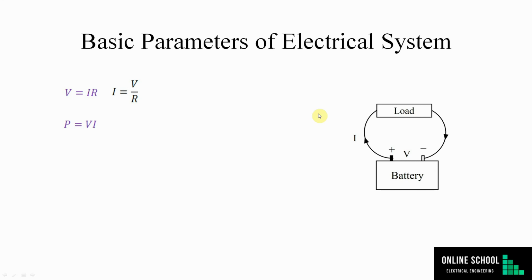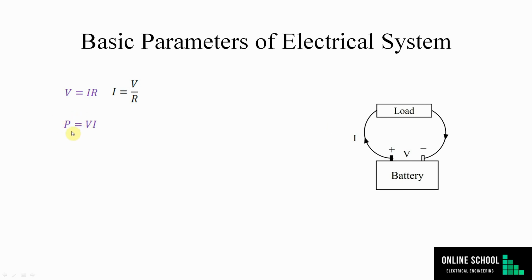The power, electric power, is product of voltage and current flowing through the load or closed circuit. So if voltage is high and current is less, or current is high and voltage is less, we will have the same amount of power.